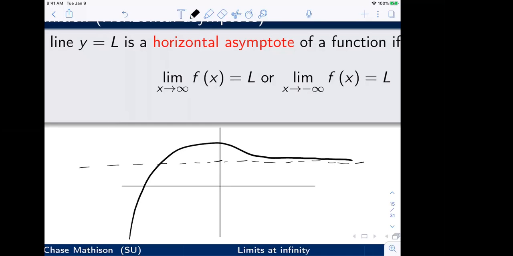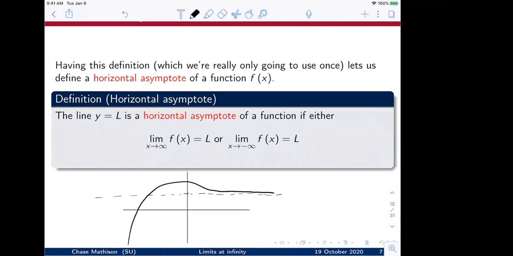You might have heard this word horizontal asymptote before, and someone might have told you that the function can never cross the horizontal asymptote. That's not true at all. The function can cross the horizontal asymptote as many times as it wants. It is totally possible, and it happens all the time, that a function crosses its horizontal asymptote.